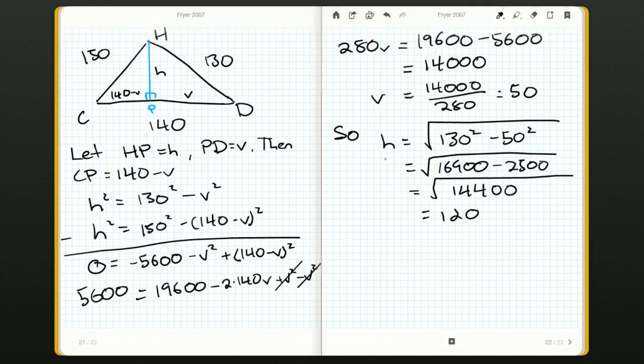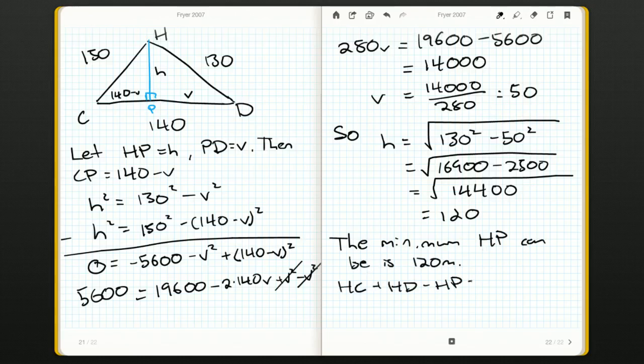Okay. So this is the minimum length of rope we can have. We want to figure out the amount of rope saved. Well, how much rope did we have? We had 150 meters plus 130 meters.